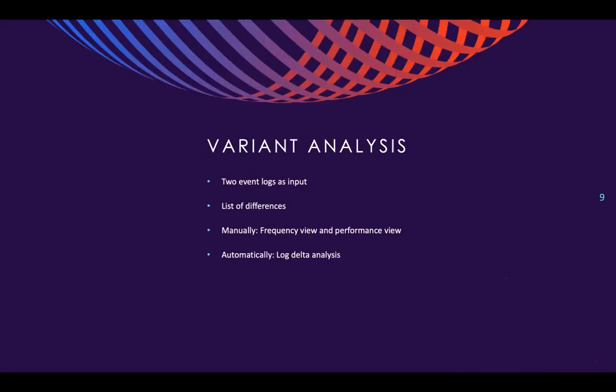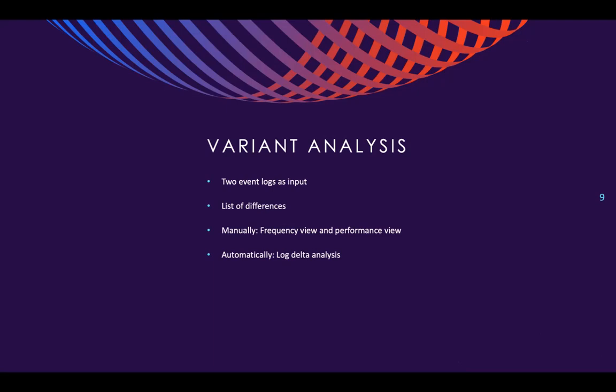Lastly, we have the variant analysis, which uses 2 separate event logs as input and produces a list containing the differences. This is necessary because process performance tends to vary, and using the variant analysis, we can help to identify why some of these processes perform better or worse than others.